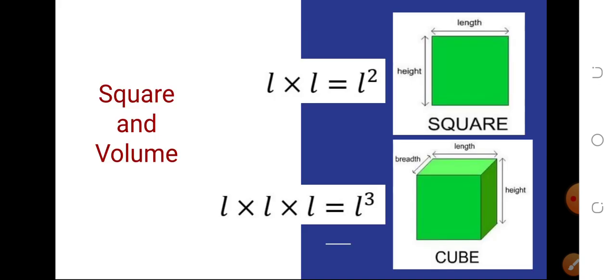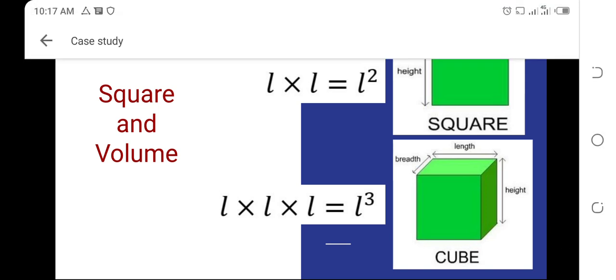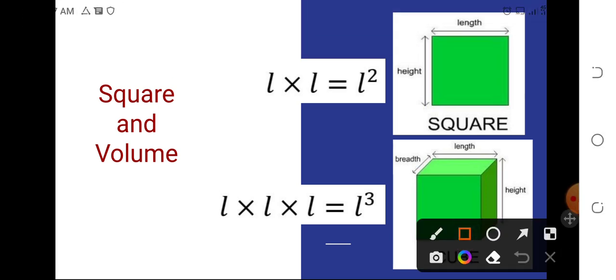Question number 3. Before we start this question, we must understand the two-dimensional figures and the three-dimensional figure. Here you can see on the top there is a square, and you can see that it has two dimensions.